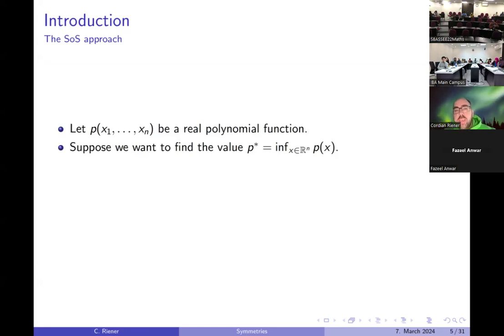So suppose I have a real polynomial function P in n variables, and I want to find the minimum value. This is, of course, a very hard problem. We do this in calculus, or actually in high school, for one variable. The normal way of doing this would be to compute critical points.